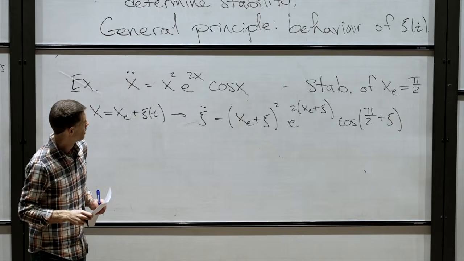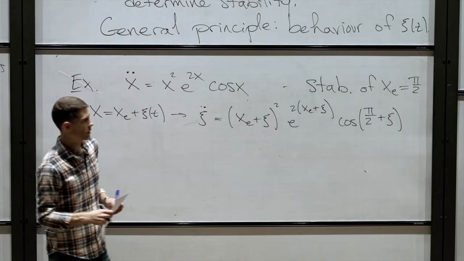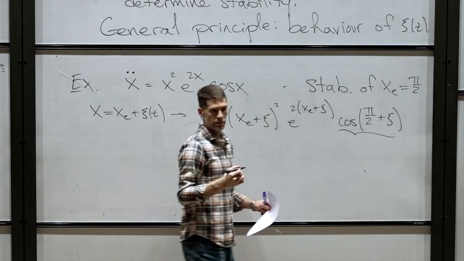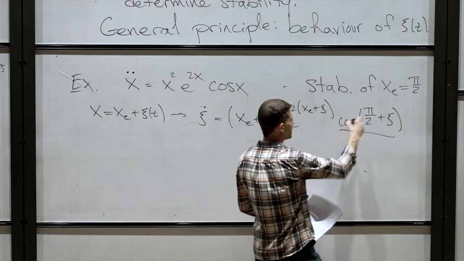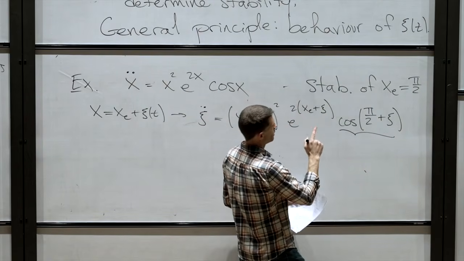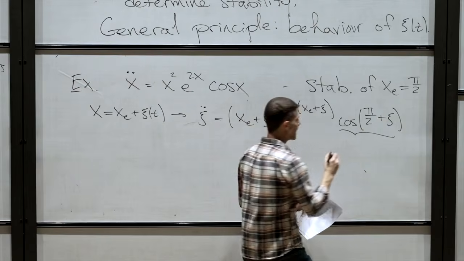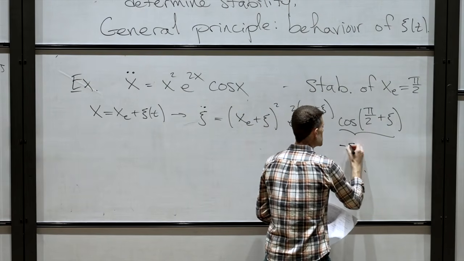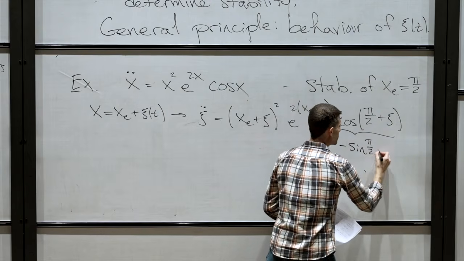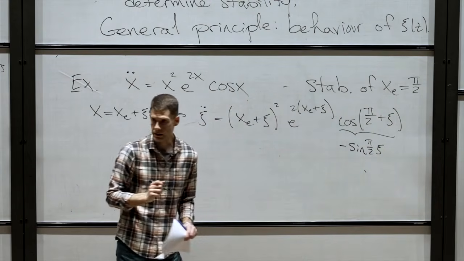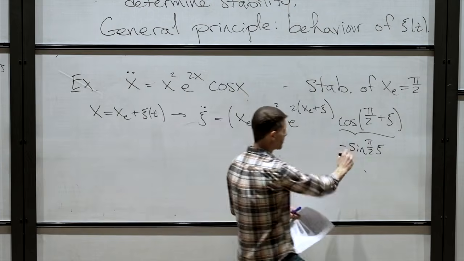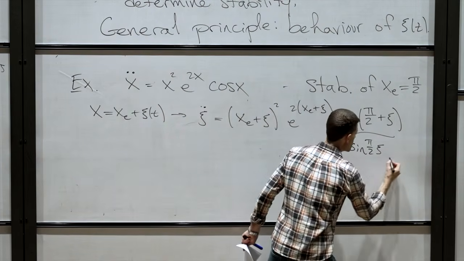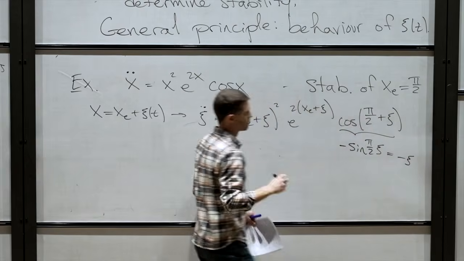And as far as the behavior, if I do an expansion just of that term, cosine of pi over 2 plus psi is cosine of pi over 2, which is 0, plus derivative, which is minus sine of pi over 2, so this is just minus sine pi over 2 times psi, plus things that look like psi squared or smaller. So that's minus psi, plus dot dot dot.